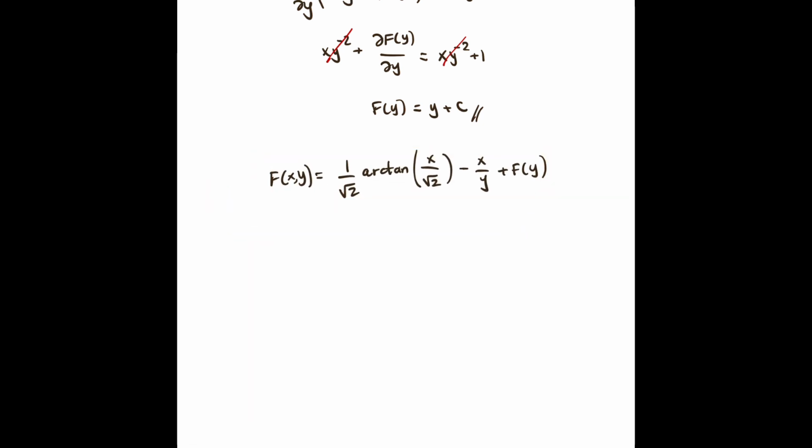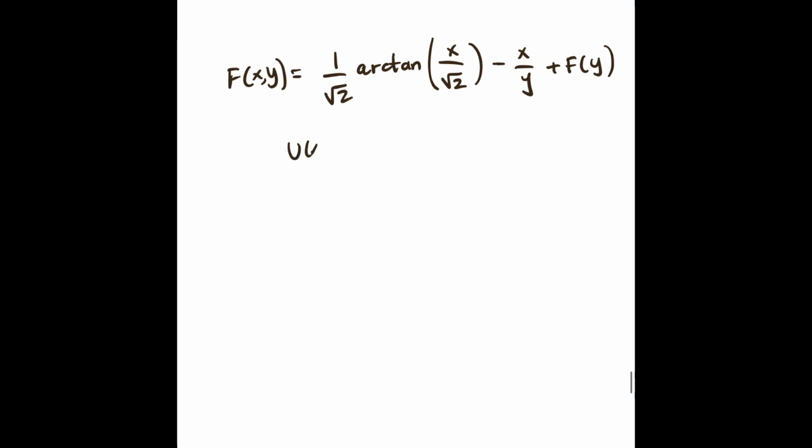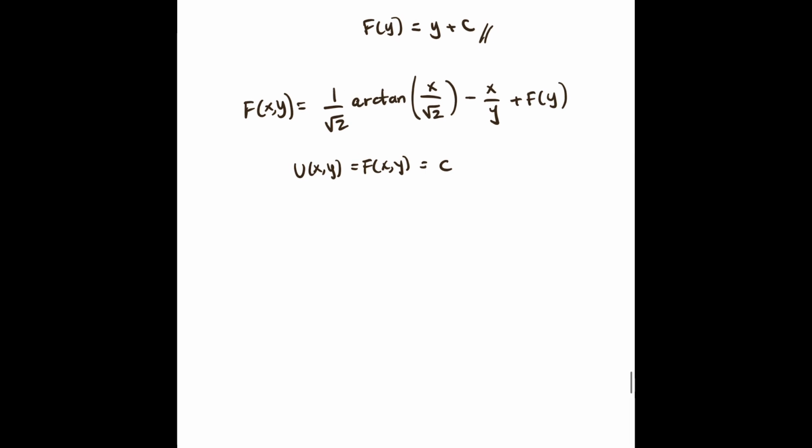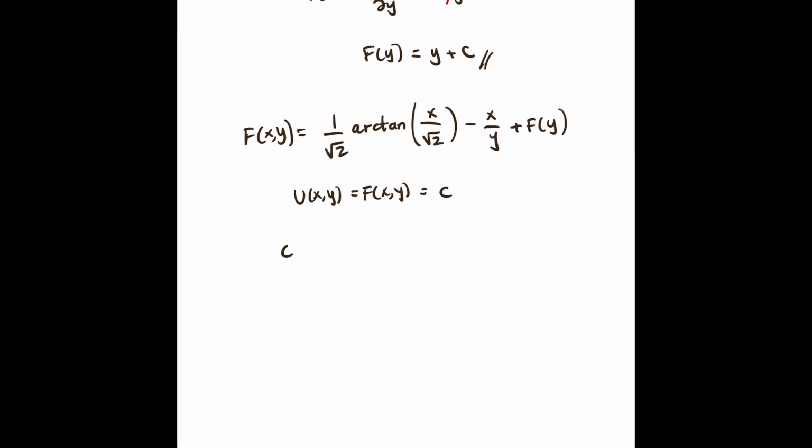Now on page 472, it also says that the function u of xy, which in this case is just our f of xy, is c, where c is a constant. So when we plug in, we'll just have c on one side.